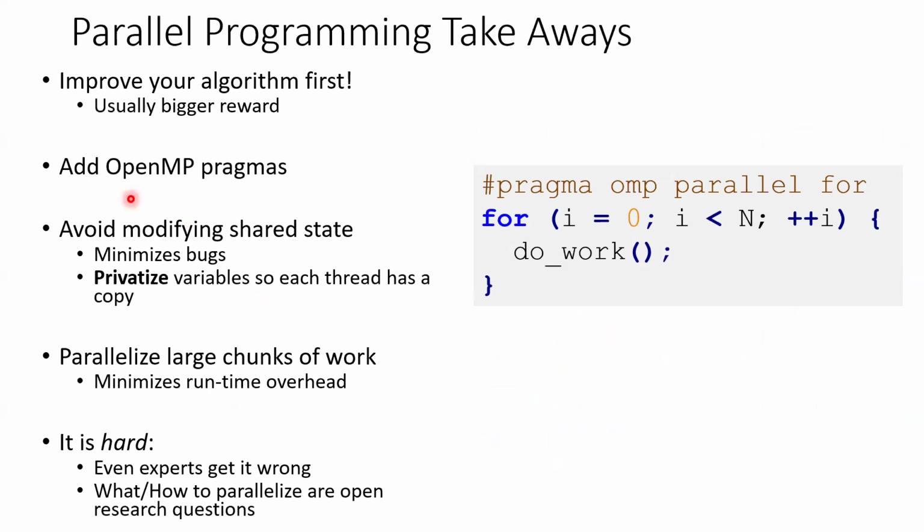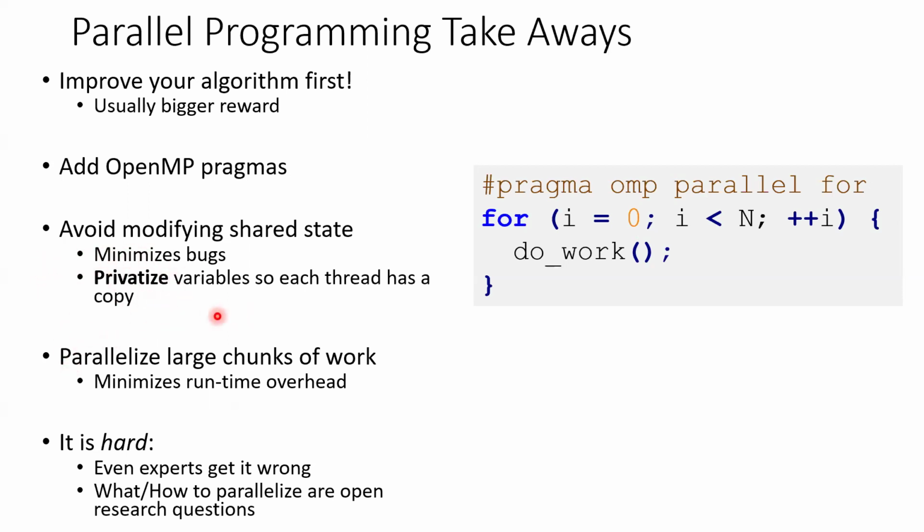So takeaways. First, always improve your algorithm before making it parallel. Add OpenMP pragmas because it's flexible and you can remove them with one line. Avoid modifying shared state; if you have to, be really careful.